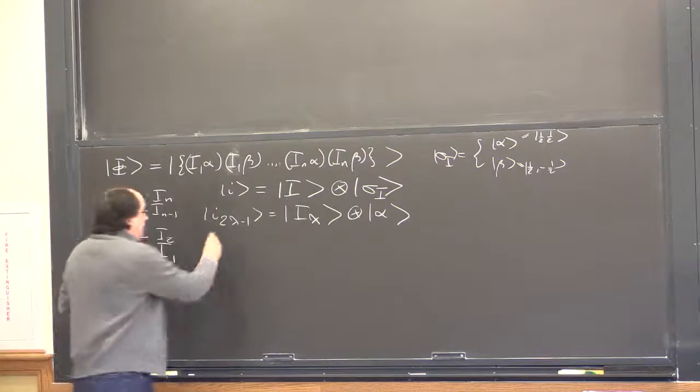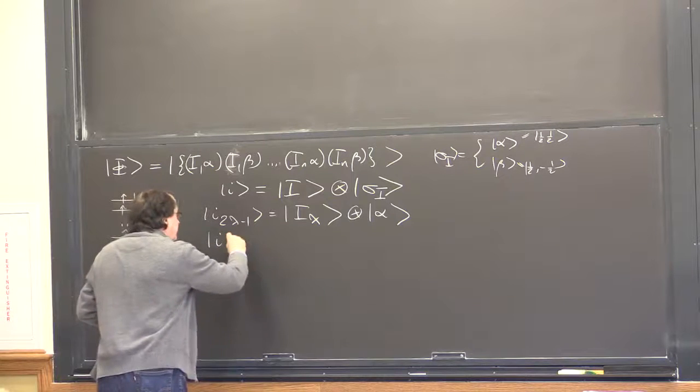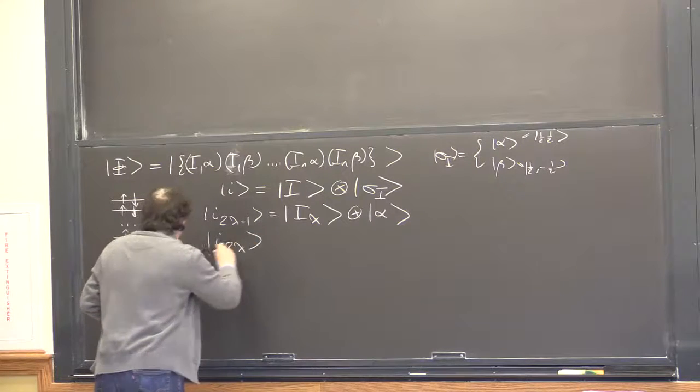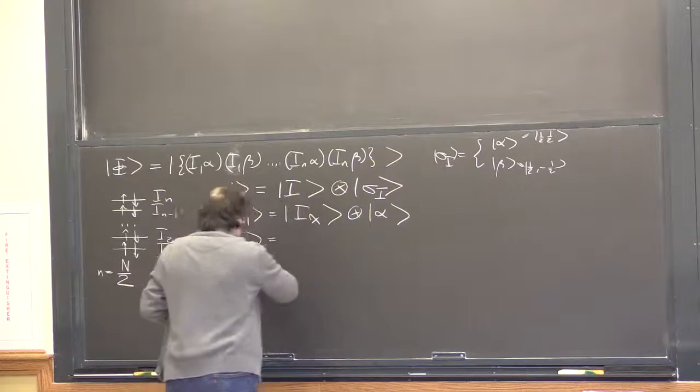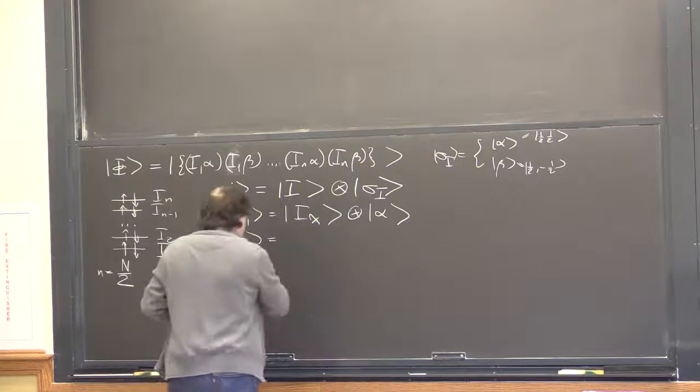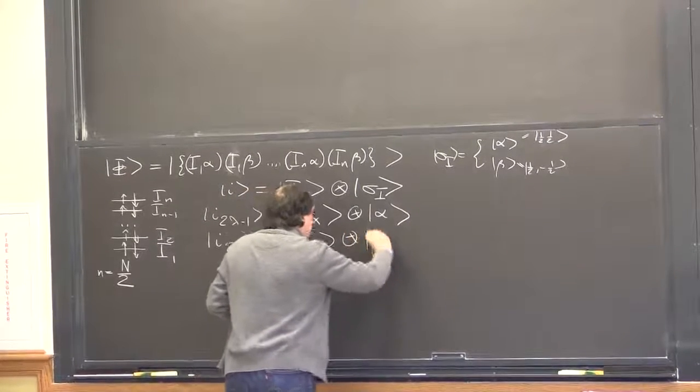And if I want to see spin orbitals corresponding to beta electrons, those will be, according to this diagram here, the ones with even indices. So we have I lambda times beta.